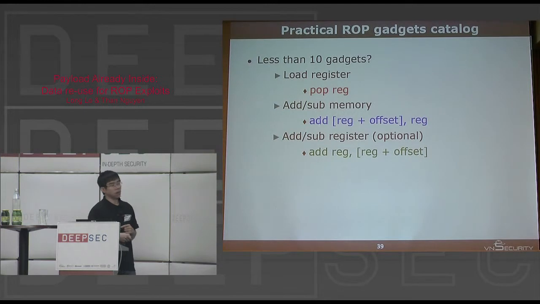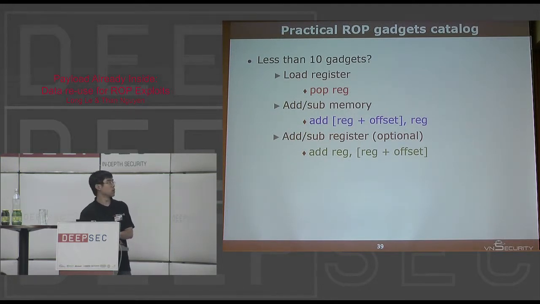So actually we need only a few gadgets. Basically we need one of the load register gadgets, we need one of the add or sub memory gadgets, and this one is optional. It's not necessary to have it, but if something like this is available, we can do much more.